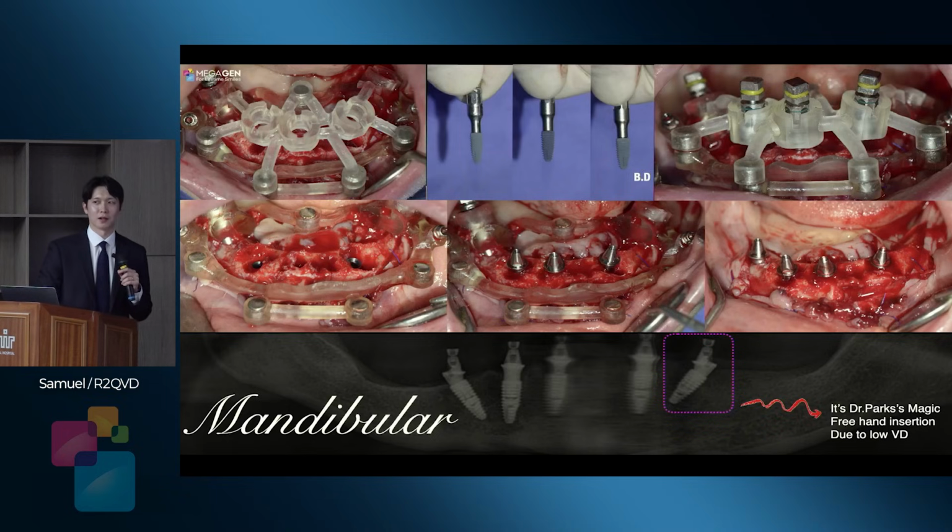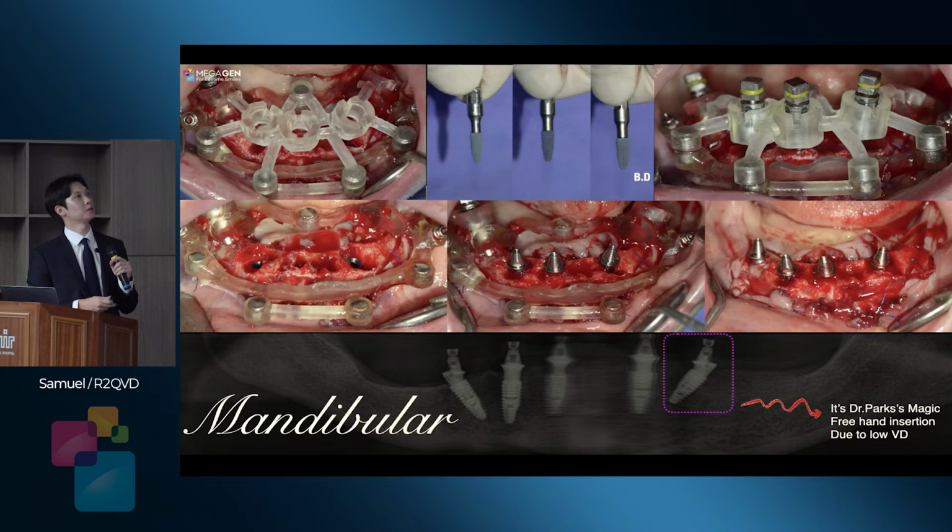If I drop some guide, it makes a passive fit. It will be better. So that's why I choose the magnetic, and because we need to change the guide, seating guide and implant placement guide, something like that. So anyway, I just make it like this, and Dr. Park does the surgery like this.